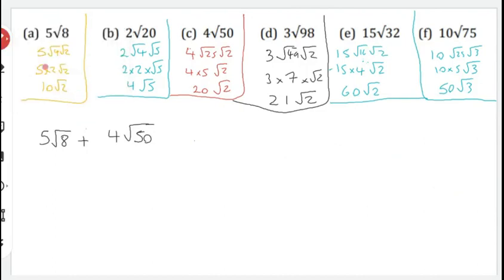So from above, 5 root 8 simplifies to 10 root 2. 4 root 50 simplifies to 20 root 2. And then if you treat this like it were 10x plus 20x, because they both have root 2's, then you'd get 30x or 30 lots of root 2.